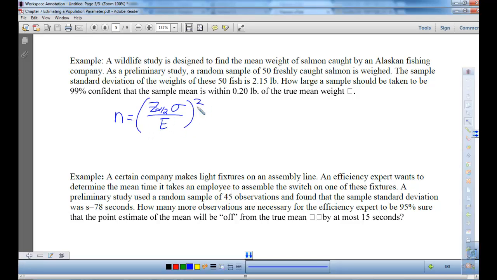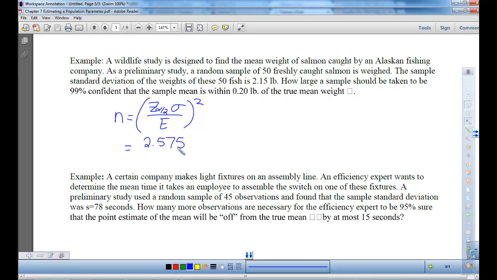And we just said that that's n equals z alpha over 2 times sigma over E, squared. Okay, we're still doing this with a certain level of confidence. So even though our calculator does a lot for us, these minimum sample size formulas it does not do. So you've got to remember how to do those. Since we're doing 99% confidence, what's z? 2.575.